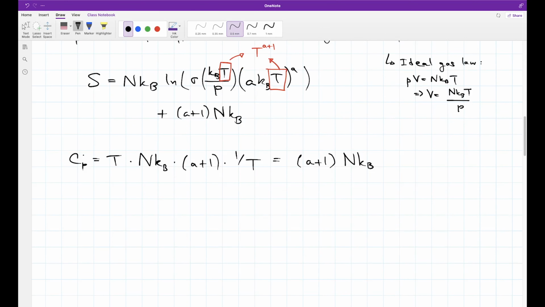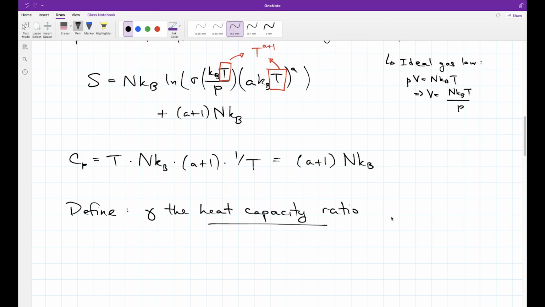The ideal gas has a constant heat capacity at constant volume and a constant heat capacity at constant pressure. Now, often we'll talk about the heat capacity ratio, gamma. So we'll define gamma, the heat capacity ratio, by gamma is equal to Cv over Cp.